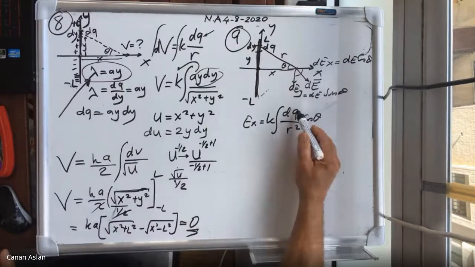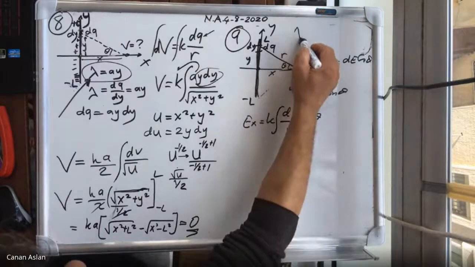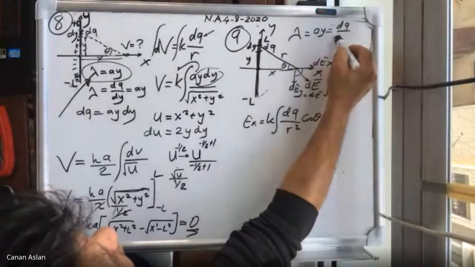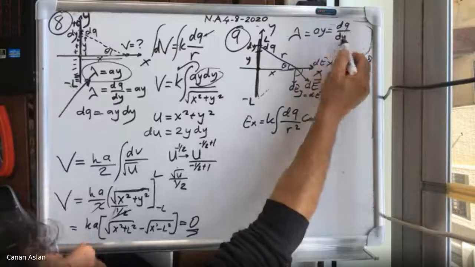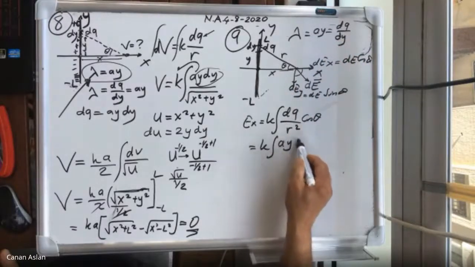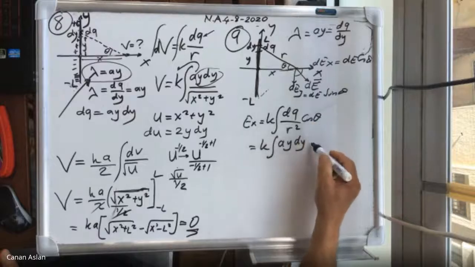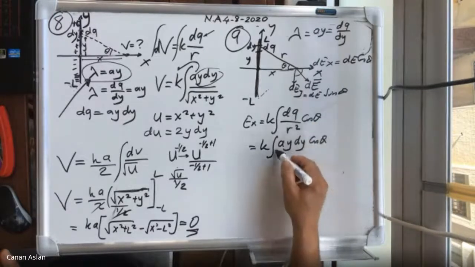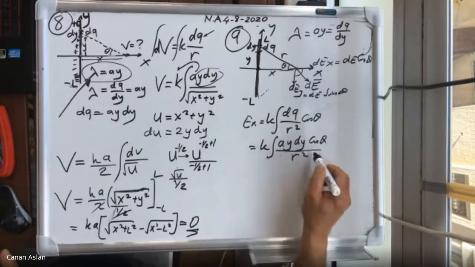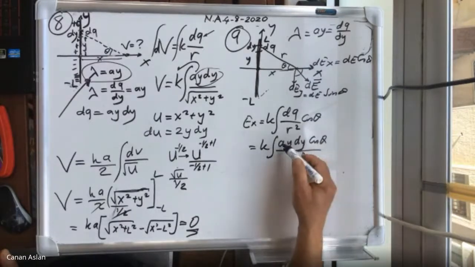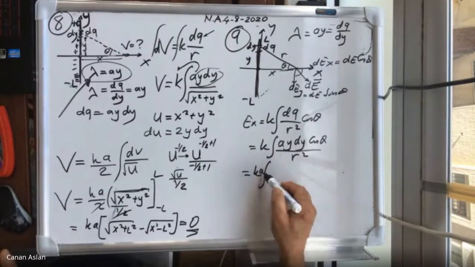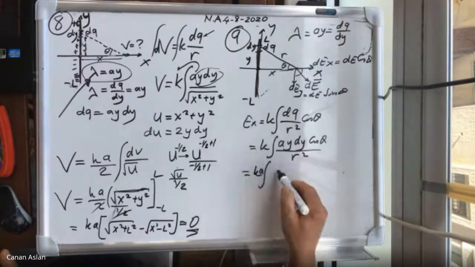But dq is given by lambda equals ay, which is equal to dq over dy. So dq is just ay dy. So it's k a y dy cosine theta divided by r squared. Now r and cosine theta can be written in terms of y, so k, with a outside because it is constant.